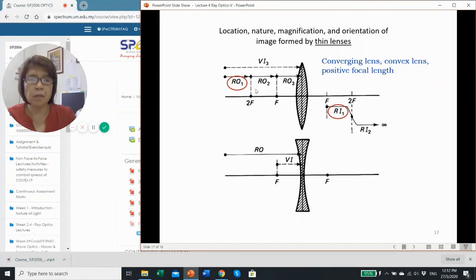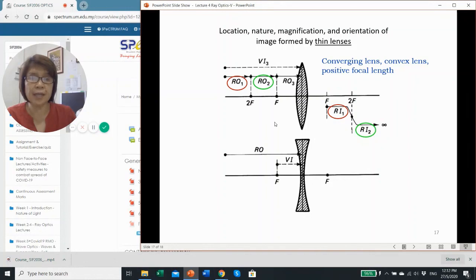Now, as the object is brought from a distance 2f to f, the image will still be inverted, and it will get larger, and it will be formed further and further away from 2f until it goes to infinity when the object is at f.